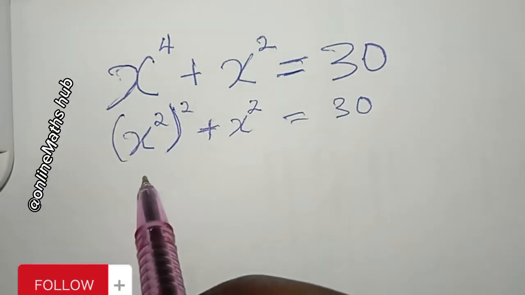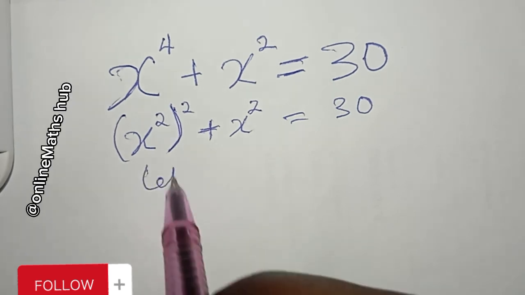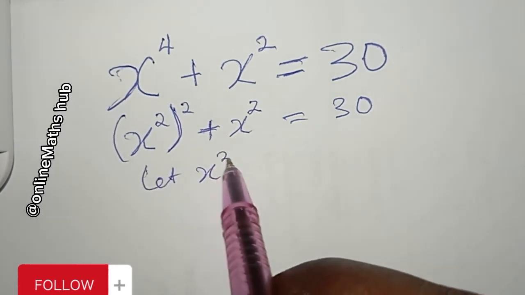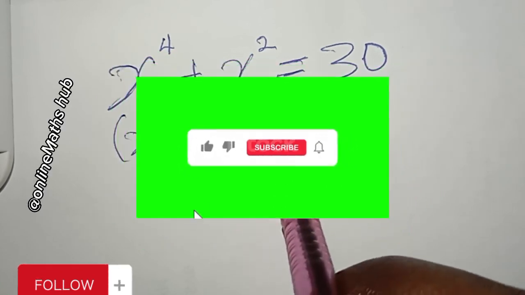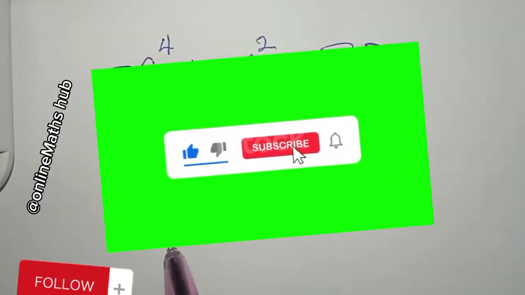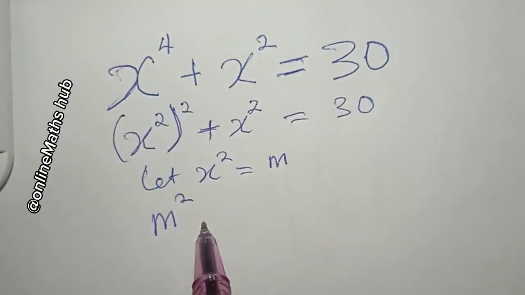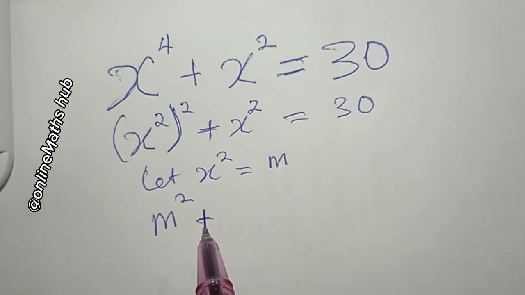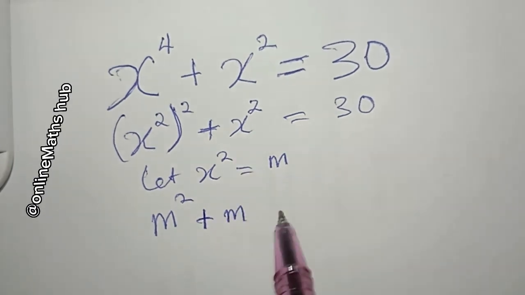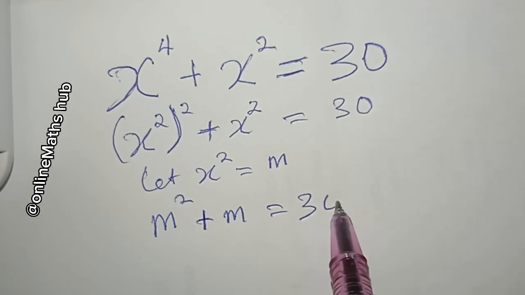Let x power 2 be equal to m, so that I have m squared plus m is equal to 30.